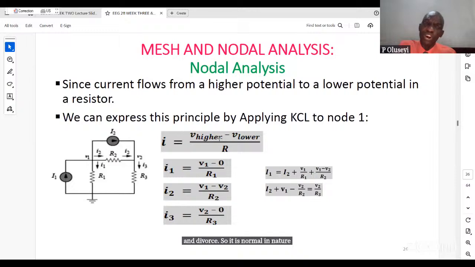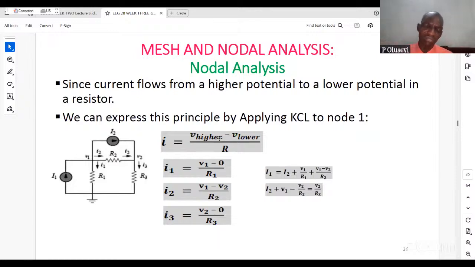So the current flows downhill. The river flows downhill. So the current we always want to flow from higher potential to lower potential. On the account of that, I can confidently and boldly say that V1 is of higher value, or high level, and V2 is a low level.